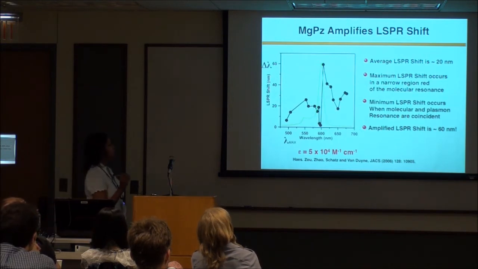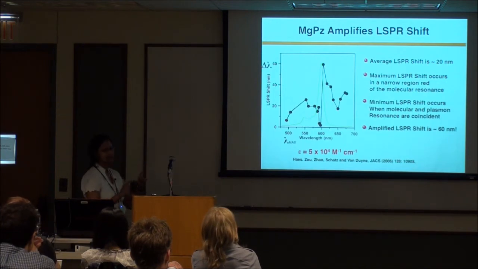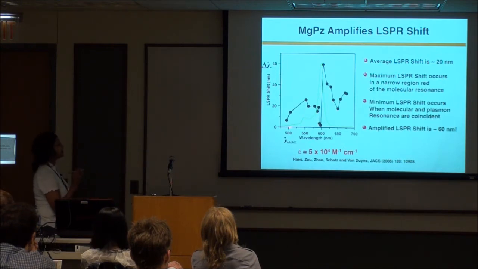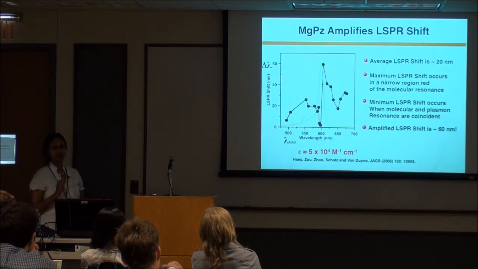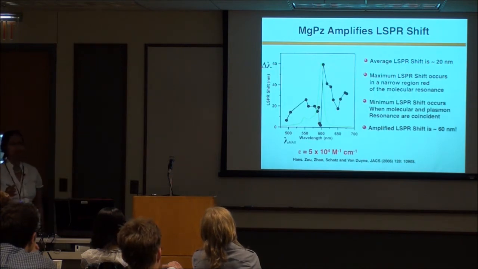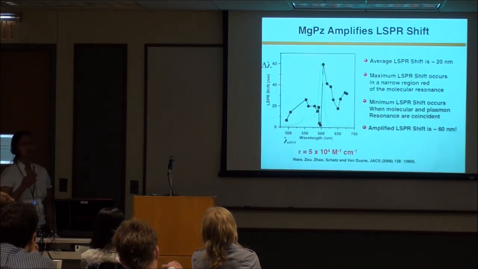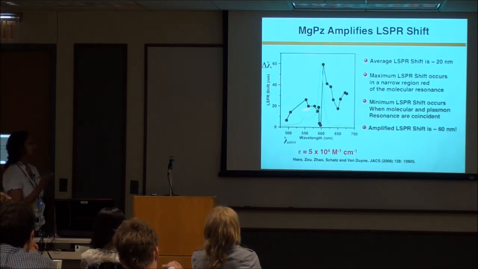We notice the average shift of these nanoparticles, delta lambda, on binding this resonant molecule is around 20 nanometers, and the maximum shift happens when the plasmon is a little red of the molecular resonance. The minimum LSPR shift happens when the molecular and plasmon resonances are coincident. The amplified LSPR shift is almost 60 nanometers, which is not expected if this molecule was not a colored substrate. With a non-absorbing substrate, it would be approximately 20 nanometers on average.